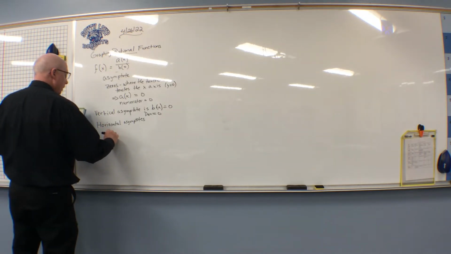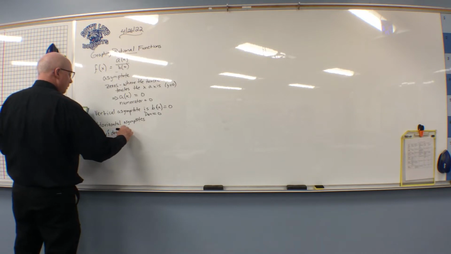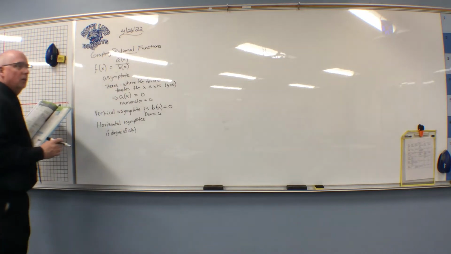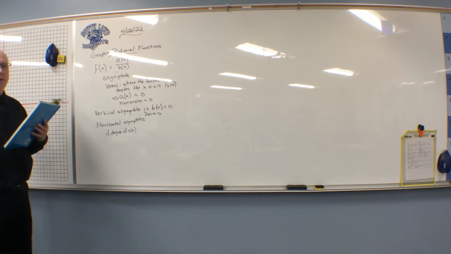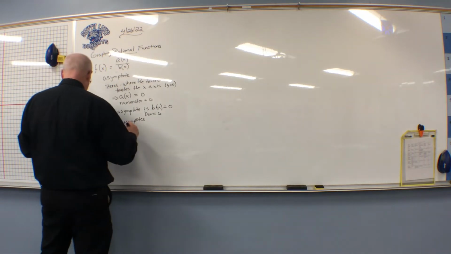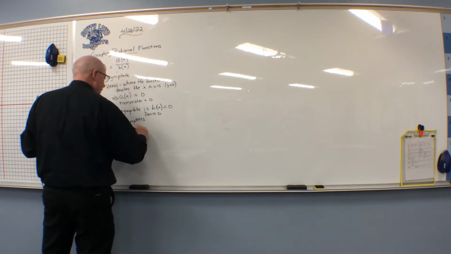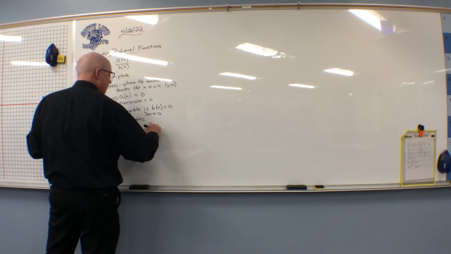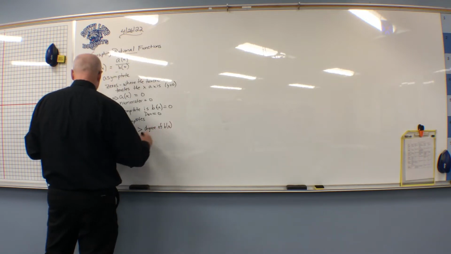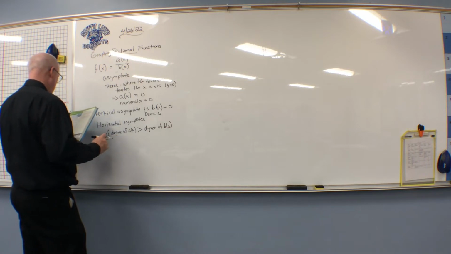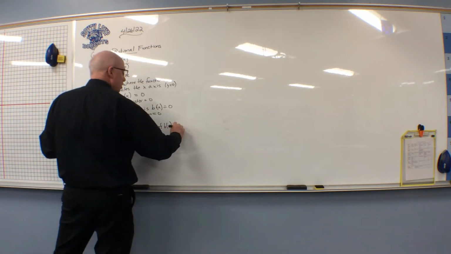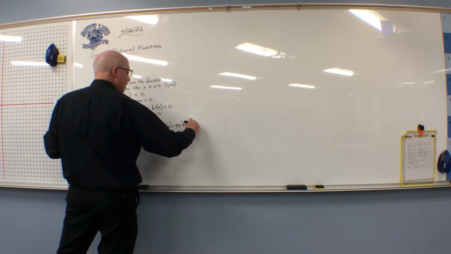Okay. So here we have it. If the degree of a of x, that's the numerator, and degree is the highest exponent, the highest degree monomial. Remember degree? If you take the highest monomial, its exponent, that's what it is. If the degree of a of x is greater than the degree of b of x, there is no horizontal asymptote.